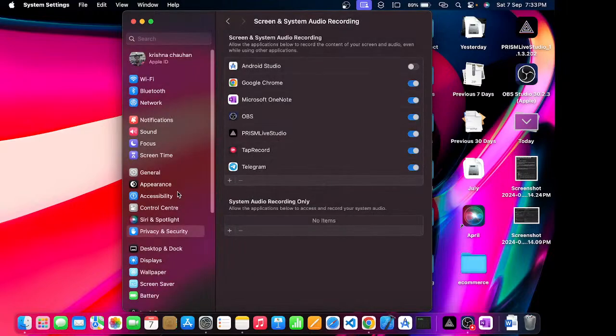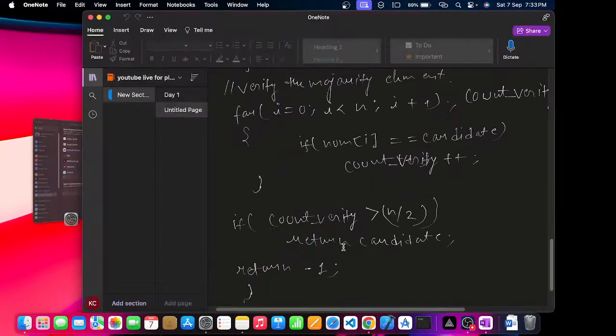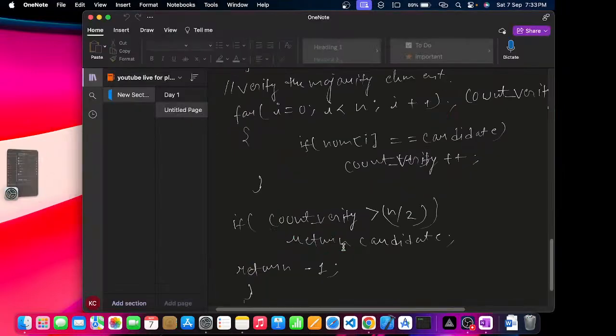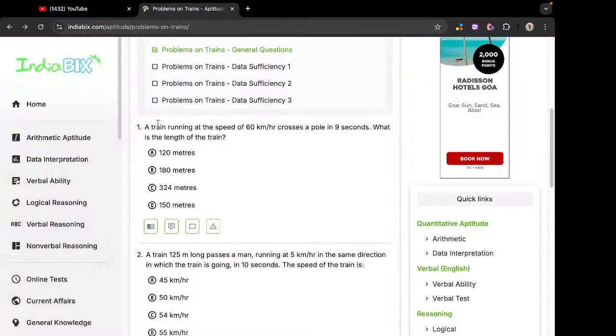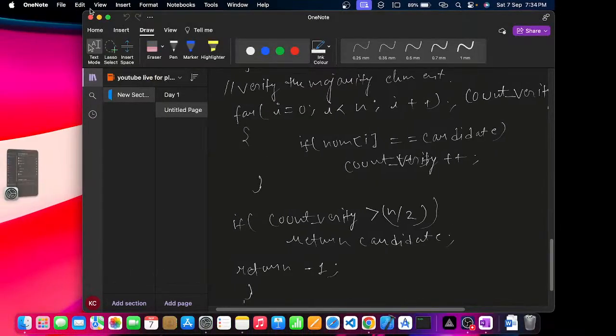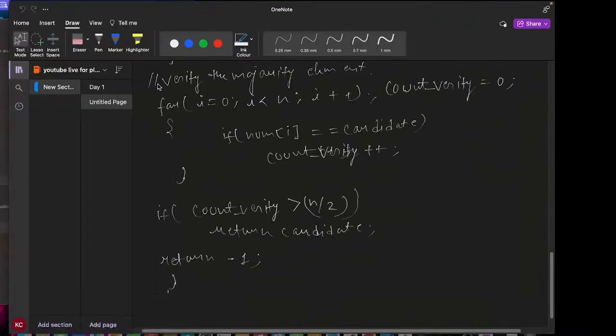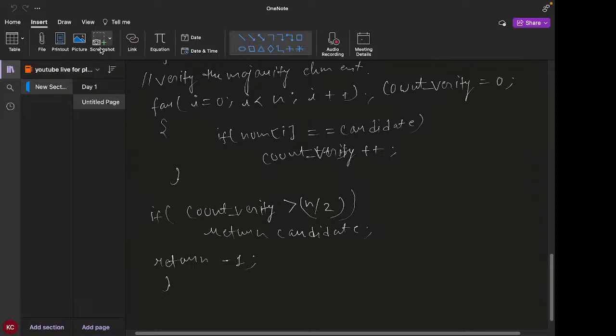Quit and open. A train is running. Suppose I want to take the screenshot, how can I?